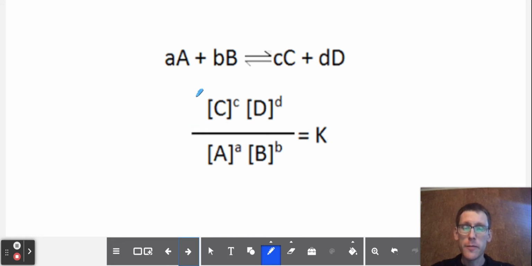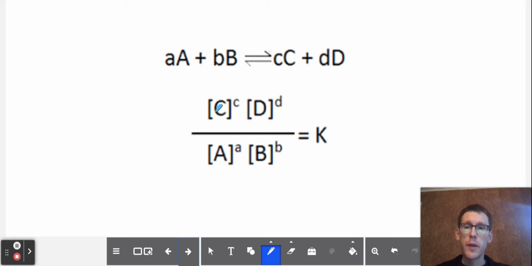If we look here, we have a reaction between substance A and B that forms substances C and D. The equilibrium constant can be calculated according to this. I just want to flesh this out a little bit. Note, the product side will be in the numerator and the reactant side will be in the denominator.